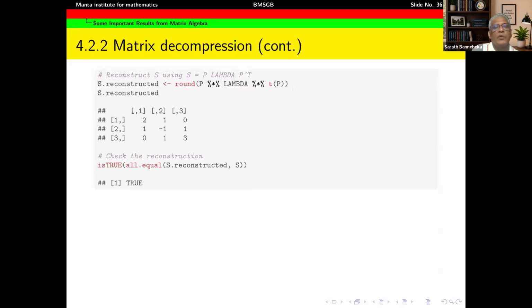So I have now reconstructed. I see whether I can get my original matrix S by taking P times lambda times the transpose of P. I calculate it, and then this is that reconstructed S. And you can see that the reconstructed S is the same as our original S. So that's just a demonstration, right?